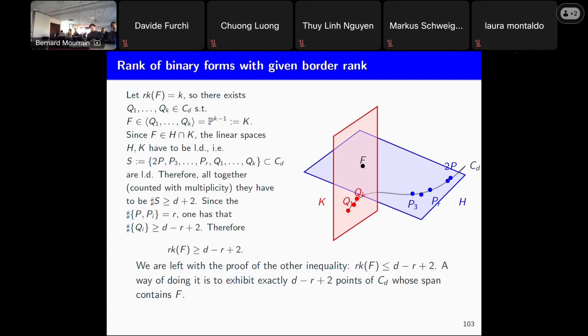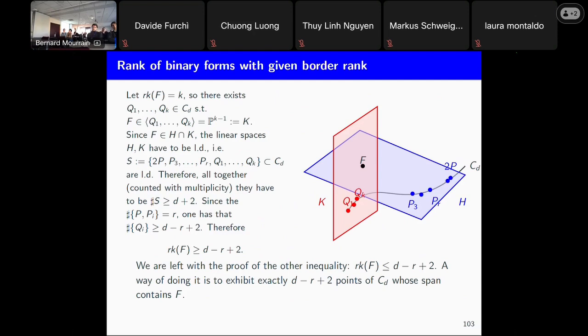And I already know that they cannot be in total d plus 1, because d plus 1 points have to be linearly independent. So here I have counted with multiplicity R points, then these have to be at least d minus R plus 2.